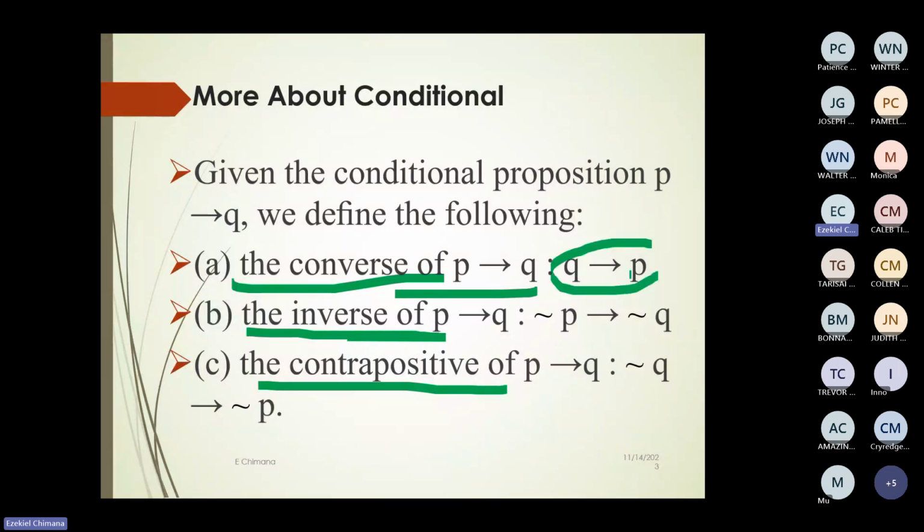You negate this Q and then this P. Then it becomes the contrapositive of P implies Q, so you'll have the negation of Q implies the negation of P. Do I have questions or contributions on the converse, the inverse and the contrapositive of a conditional statement? Okay, it seems that there are no hands. It's fine.